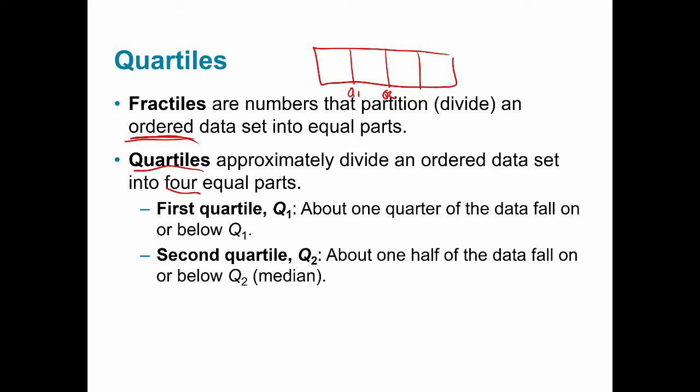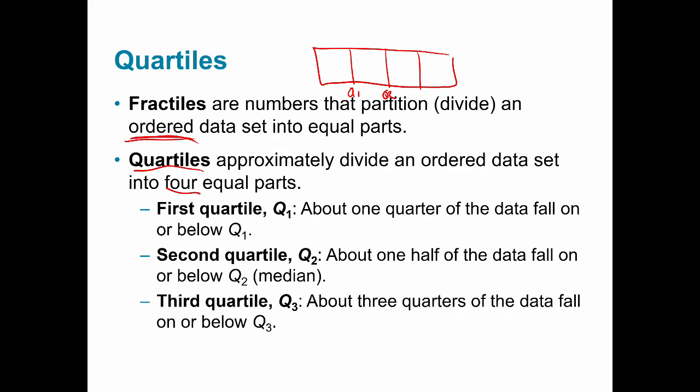So we've already talked about one of these quartiles before. We've talked about how to find the median. And then the third quartile, 3/4 of your data fall at or below Q3. So Q3 would be that third break in our candy bar. The good news is, if you can find the median, you can find the other 2 quartiles, Q1 and Q3. The process for finding them is virtually the same.